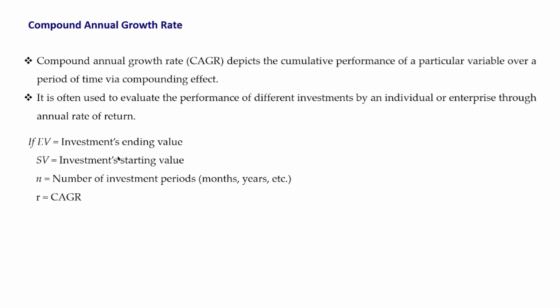If EV is the investment's ending value, SV is the investment starting value, and N is the number of investment periods, and we take R as the compound annual growth rate, then R is equal to the ending value upon starting value, the whole raised to 1 by N, minus 1, into 100.